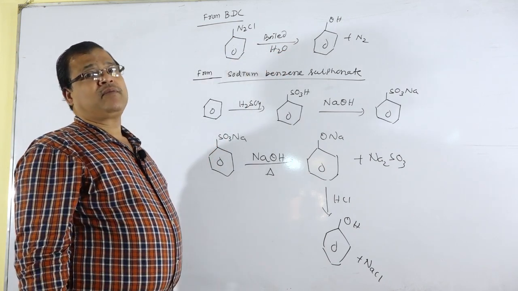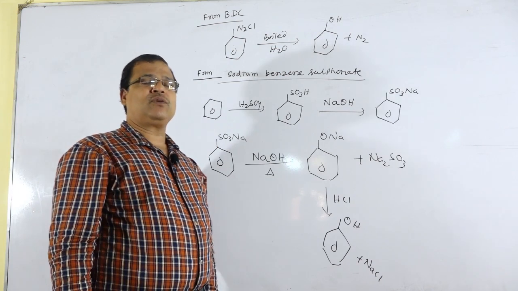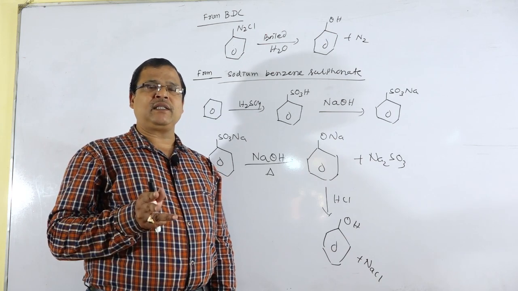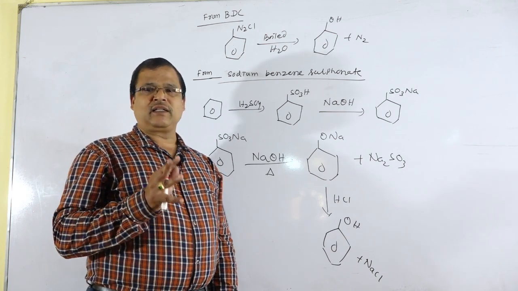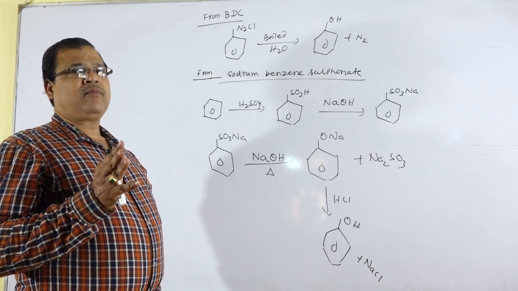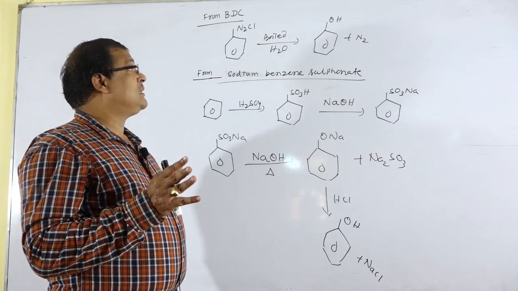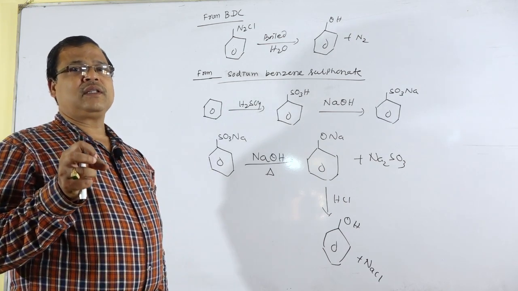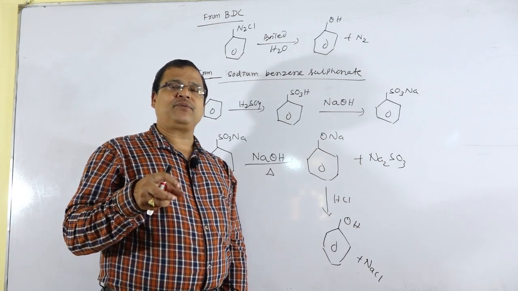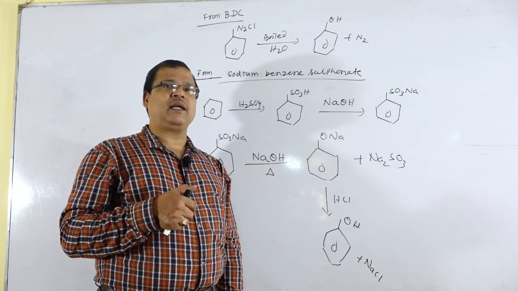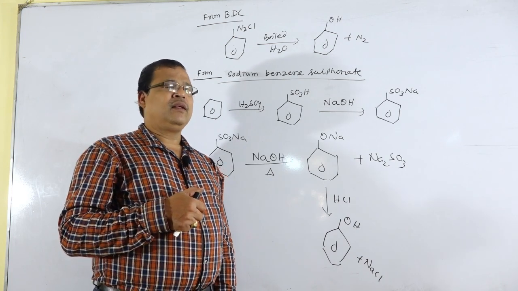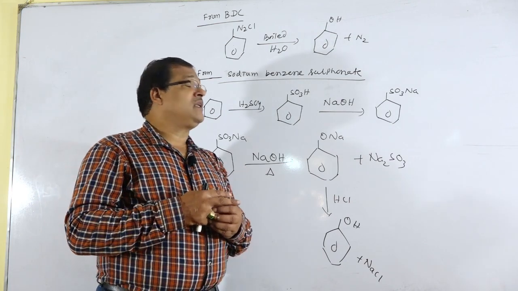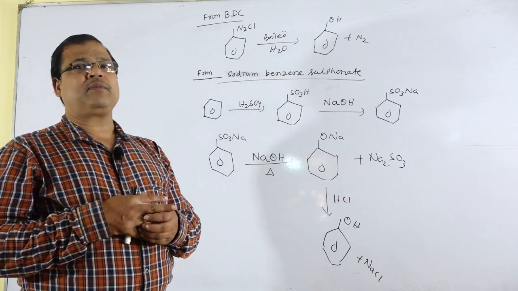If we increase the number of minus I groups, that is NO2 groups, then nucleophilic substitution will be accelerated. In the coming class we will see the other methods of preparation and the properties of phenol. Thank you all.